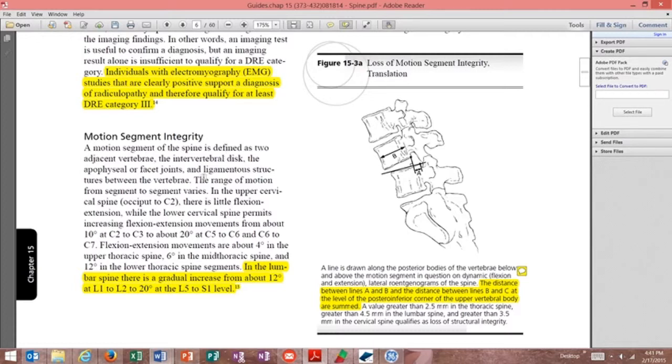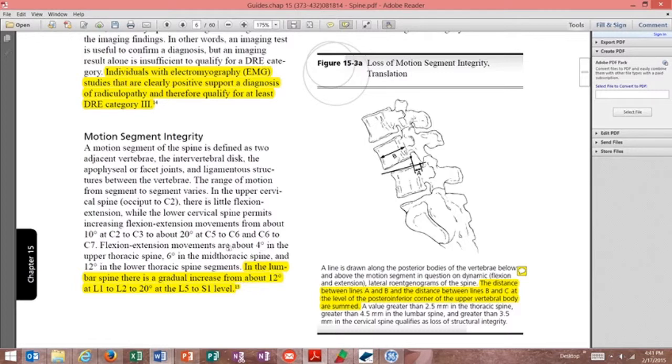Then the AMA guides go on to tell us what they consider to be normal angular motions throughout the extreme of flexion all the way through to the extreme of extension in the cervical spine, the mid-thoracic spine, and also the lumbar spine.